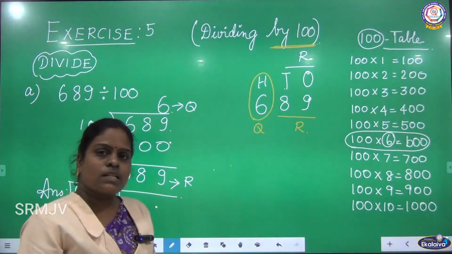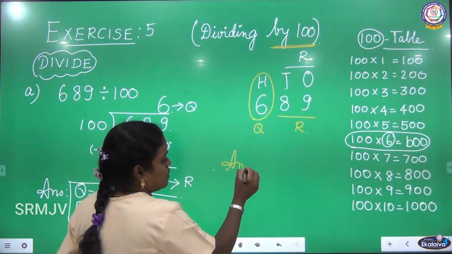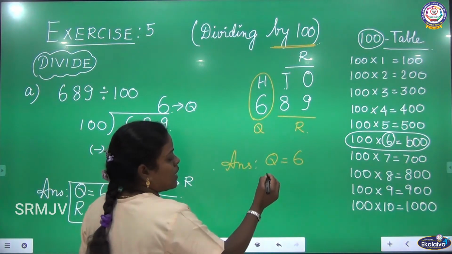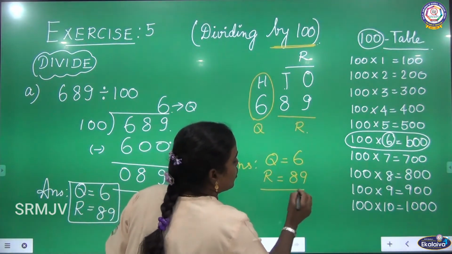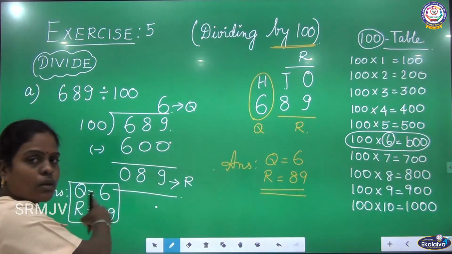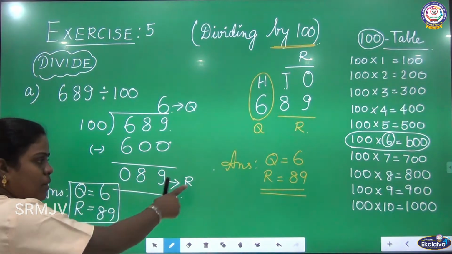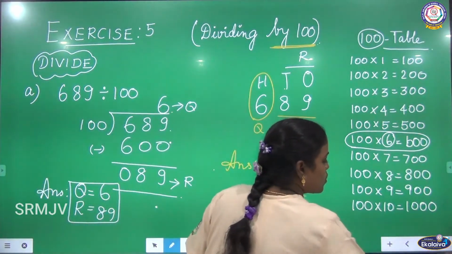Is this clear, children? Now let us write the answer. Quotient is 6 and the remainder is 89. Now you can compare the answers in both the methods. Listen, quotient is 6 and the remainder is 89. Now we will move to the next sum.